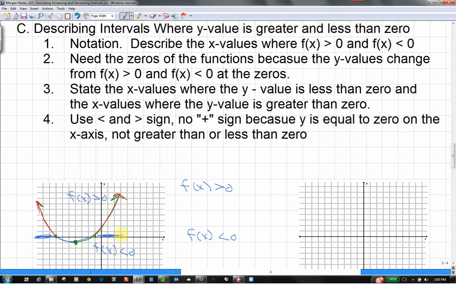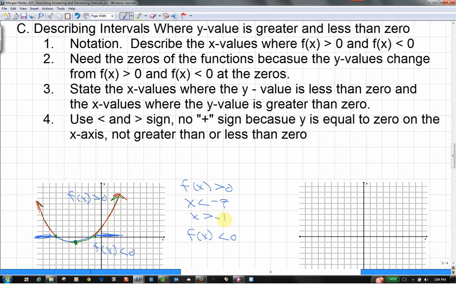So what that would be is where x is less than 1, 2, 3, 4, 5, 6, 7. So y is greater than 0 where x is less than negative 7. And y is also greater than 0 where x is greater than negative 1.